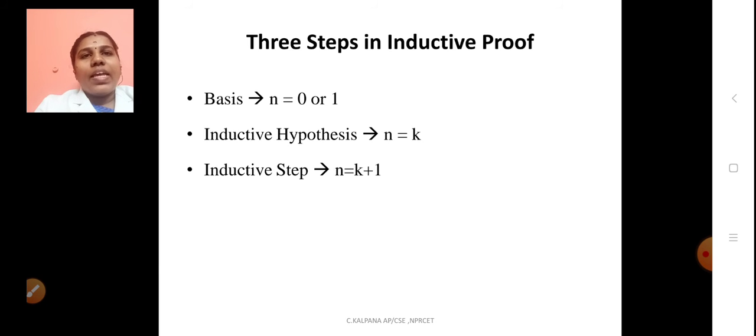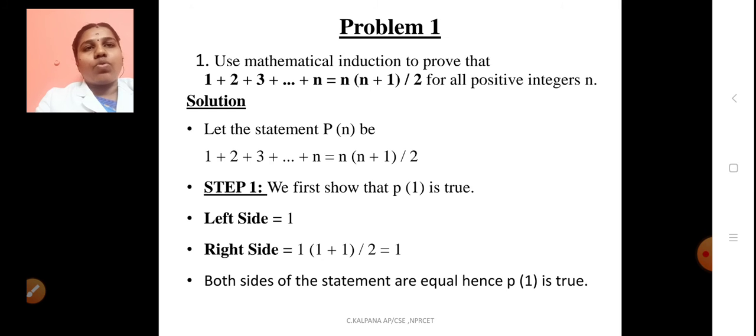There are three steps: basis, inductive hypothesis, and inductive step. In the inductive step, you add k plus 1 on the left hand side and right hand side. Finally, you prove that if the hypothesis is true, then the conclusion is also true.